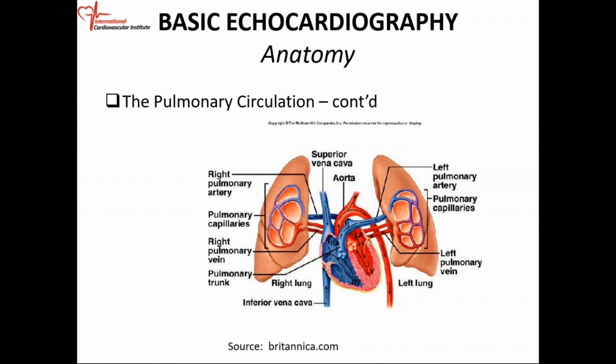All right. So those terminology is very important. We use them in echo, so you have to get accustomed to those terms. So the left ventricular outflow tract, the aortic valve, three leaflets.